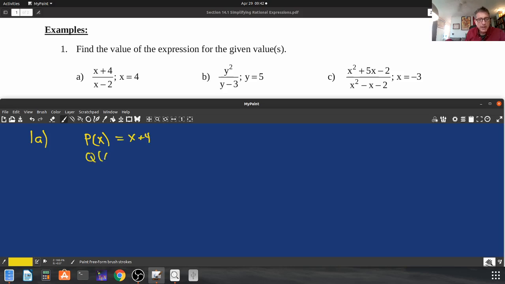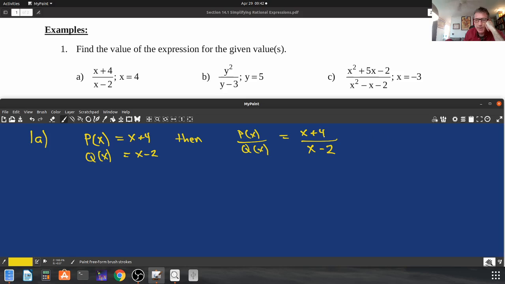And if q of x is equal to x minus 2, then the rational expression formed by p of x divided by q of x is given by x plus 4 divided by x minus 2. So this is our first new type of a rational expression.